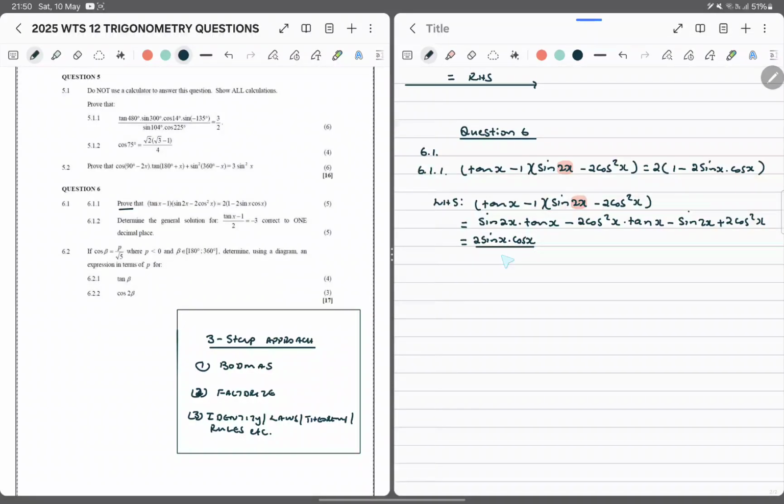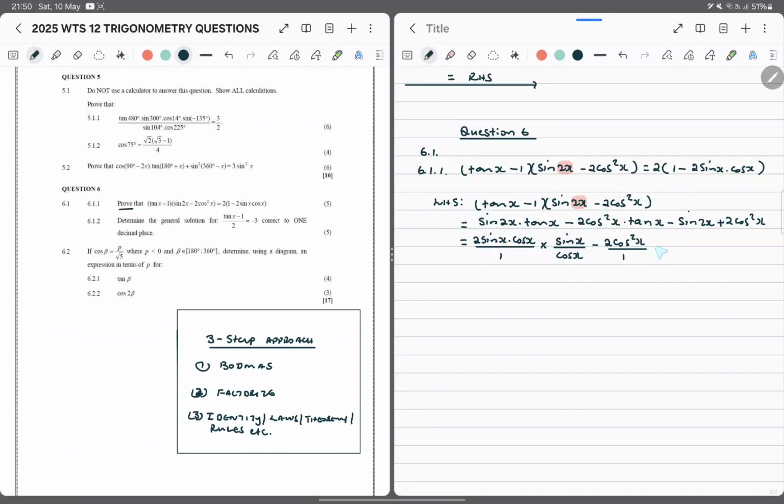Since we're going to get a fraction for the 10, we may as well get ready. So this is sine x over cos x minus 2 cos squared x.